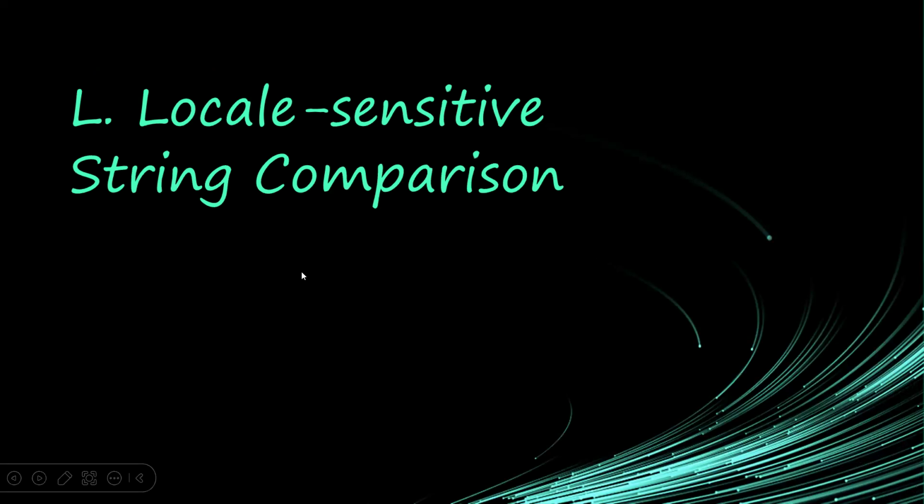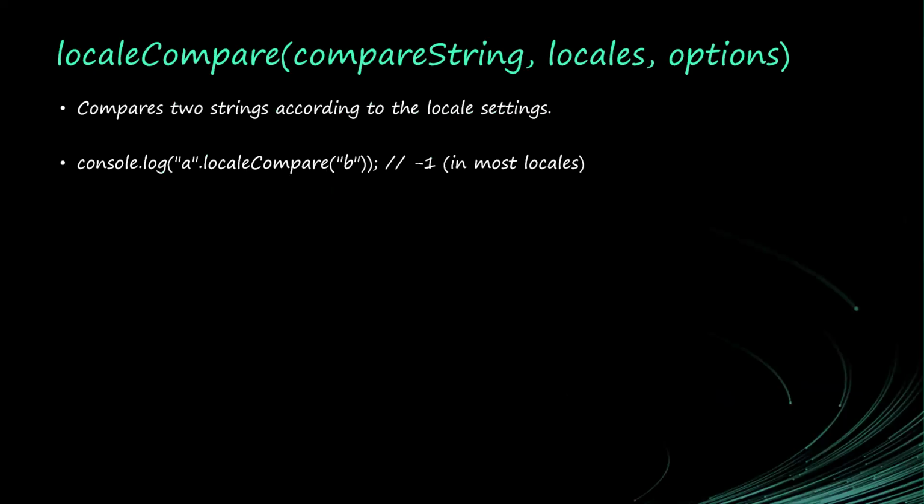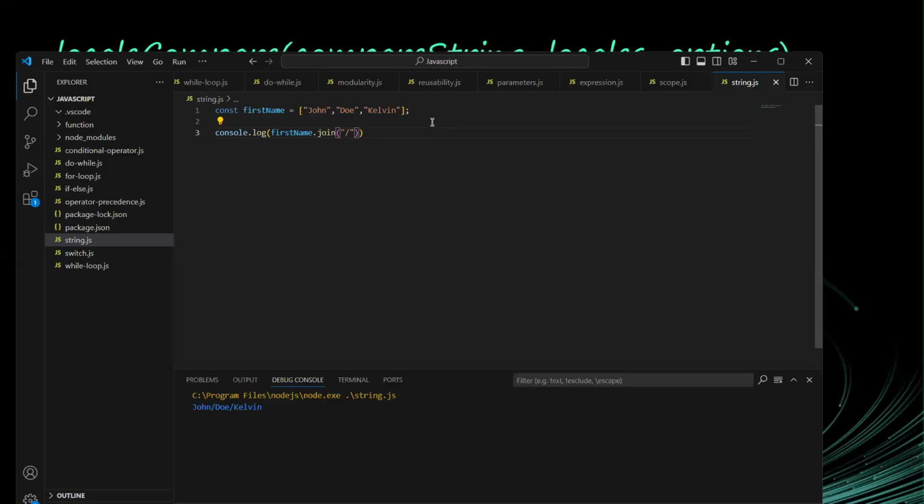So the next one is the locale-sensitive string comparison. If you want to compare strings, let's say you want to compare A to B. I'm looking for the best way to explain this. Let me take this out.